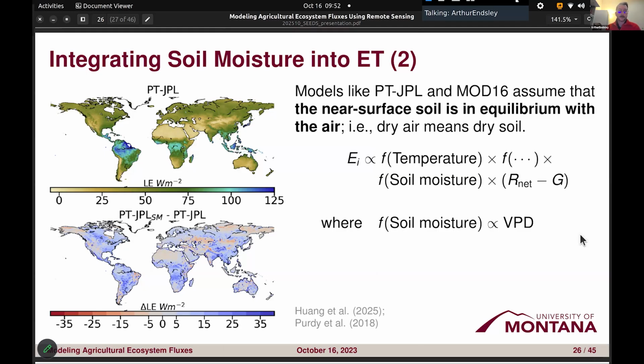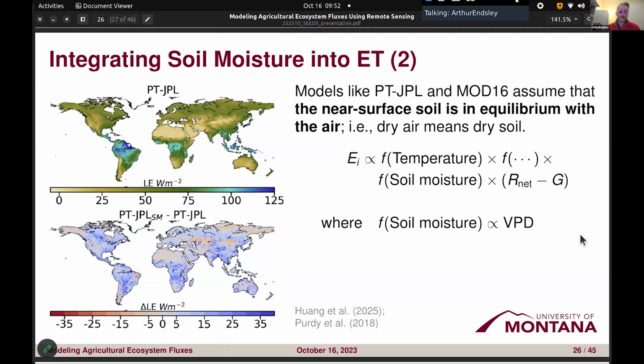When we look at models like PT-JPL, which did not have soil moisture but in a recent version started to include it, and compare the model without soil moisture to the model with it, we see that generally we do have an increase in water flux from a number of ecosystems that are not energy limited.